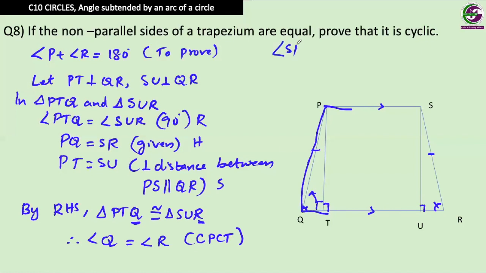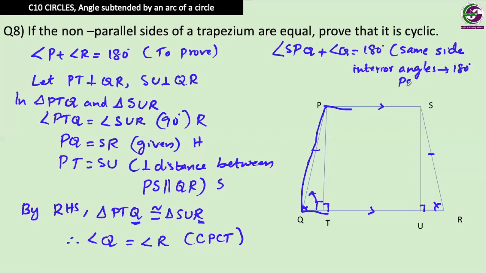Angle SPQ plus angle Q is equal to 180 degrees, because PS is parallel to QR. But we know Q is the same as R, from 1.